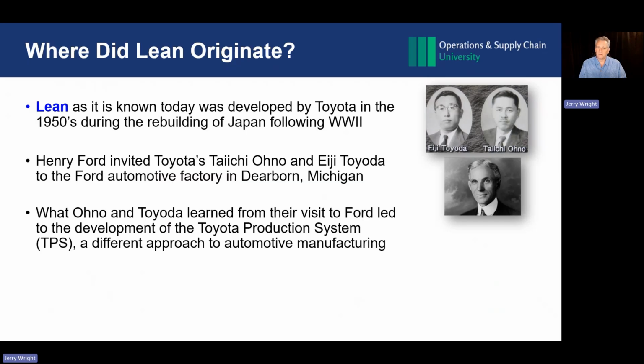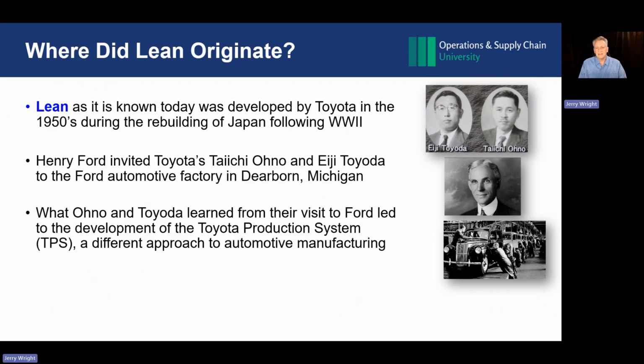And so the Toyota folks said, oh my gosh, we're going to have to get creative because, one, they didn't have a lot of money. They were near bankruptcy. The entire country of Japan was challenged. And so what Ohno and Toyoda learned from their visit to Ford and other companies that they saw started to create what they call now the Toyota Production System. So TPS. It's a different approach to automotive manufacturing. You can see in the photo on the right, that's kind of what manufacturing of cars looked like back in the 1950s.